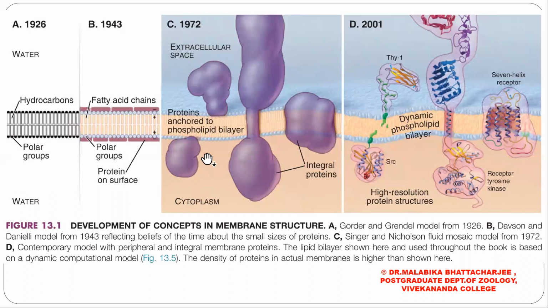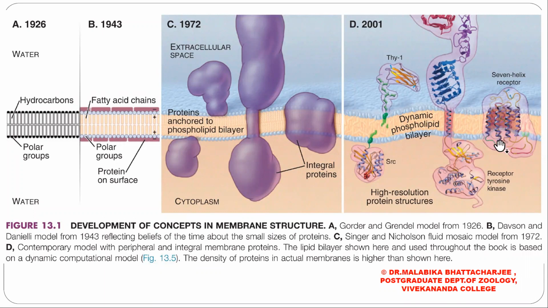So this was and is the most accepted model of plasma membrane, and this model came to be known as the fluid mosaic model. And this picture, what you are seeing here, the D1, is a model with the peripheral and the integral proteins shown. You can see this is the protein, this is the structure for polypeptide.